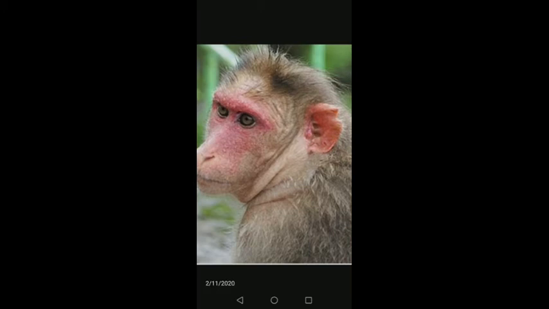That is Rh negative. The rhesus factor in the blood is inherited as a dominant trait. Naturally occurring anti-D antibodies are absent in the plasma of normal individuals. However, if an Rh negative person is exposed to Rh positive blood cells for the first time, anti-D antibodies are formed in the blood of that individual.